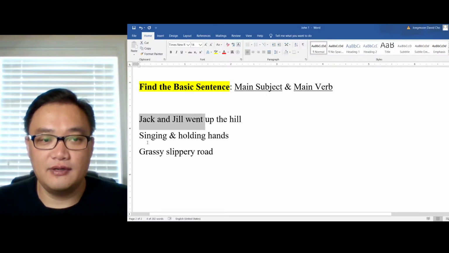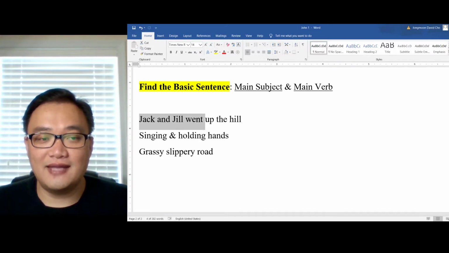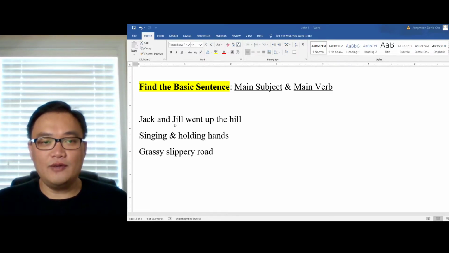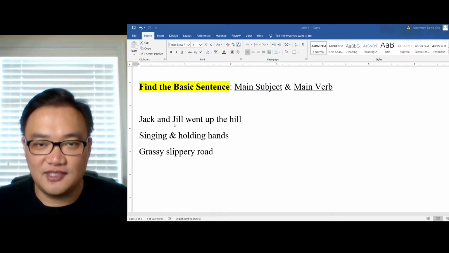Well, we don't know where they went up, but they went singing and holding hands. If you wanted to add details on what the hill was like, you can say it was a grassy, slippery road.